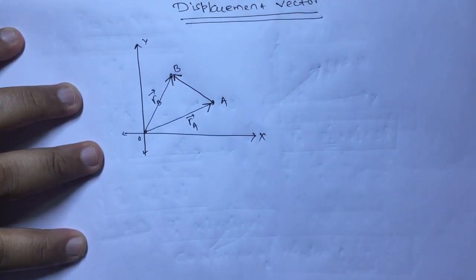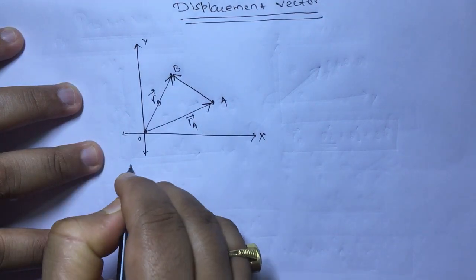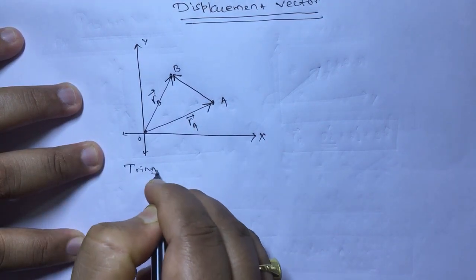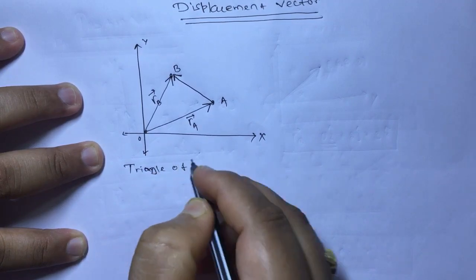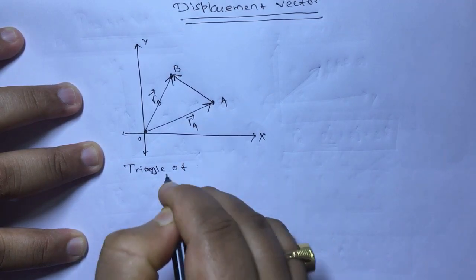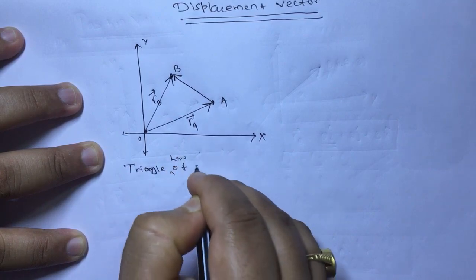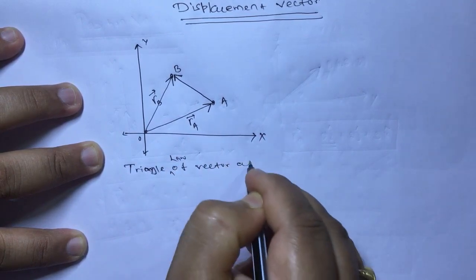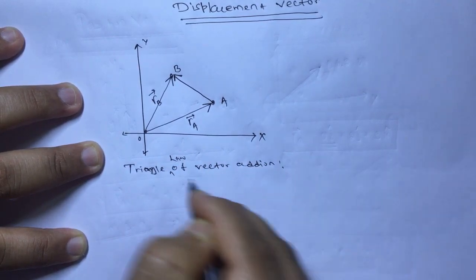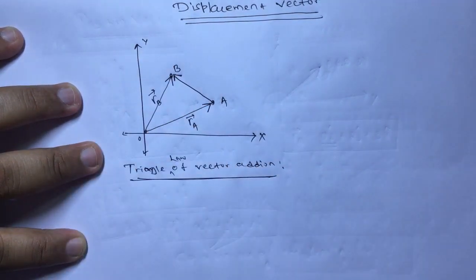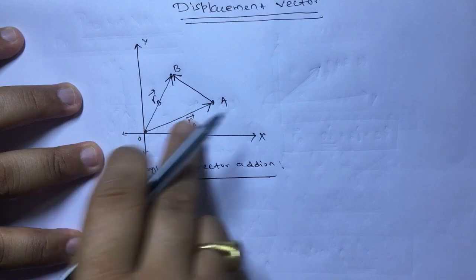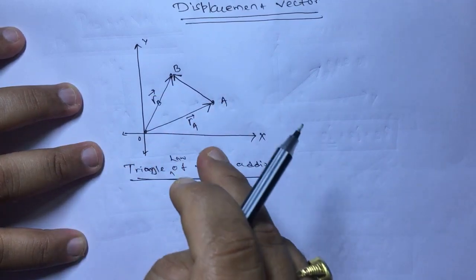Now use the triangle law of vector addition here. If you use the triangle law of vector addition, what can I write?